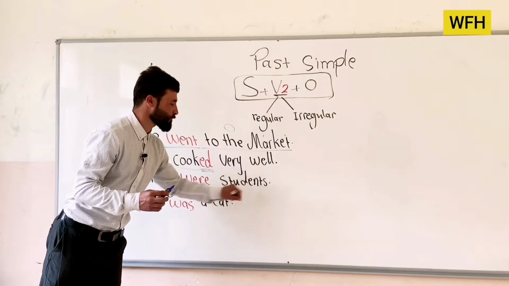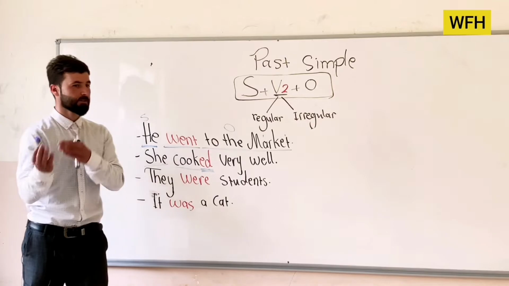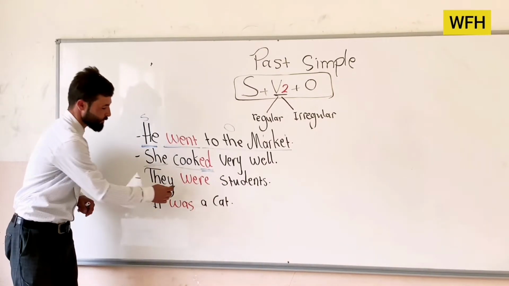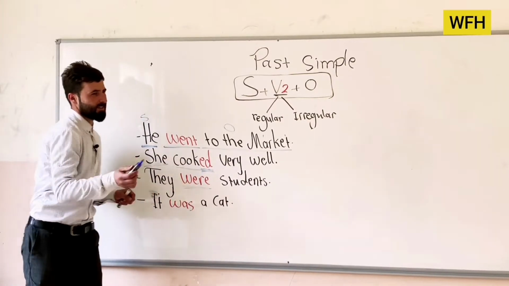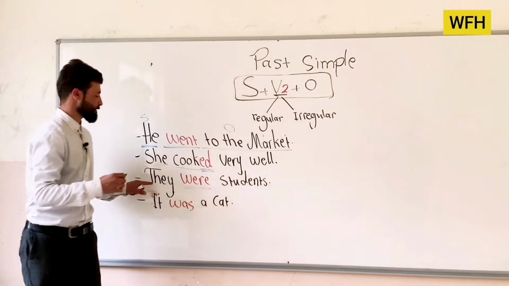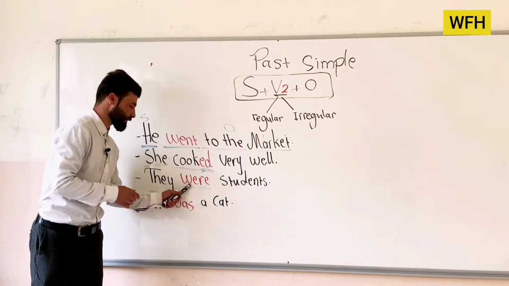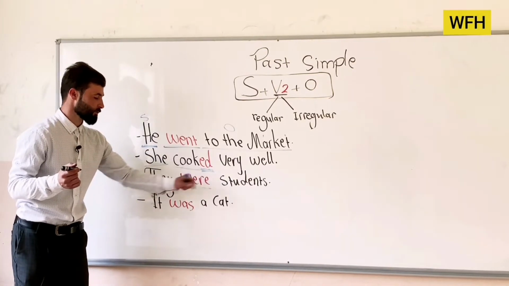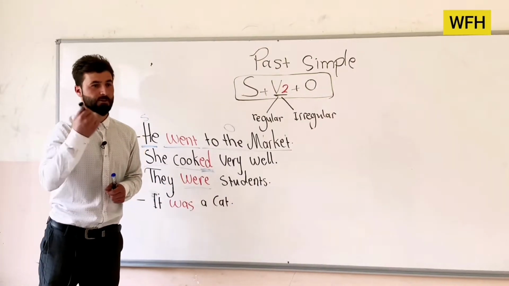We have another example here. They were students. This is also past simple. They were students. You see the verb to be, the verb were. We will not say they was. Why? Because the subject is plural, and if the subject is plural, then you need to use were. They were students. And here we have: It was a cat.